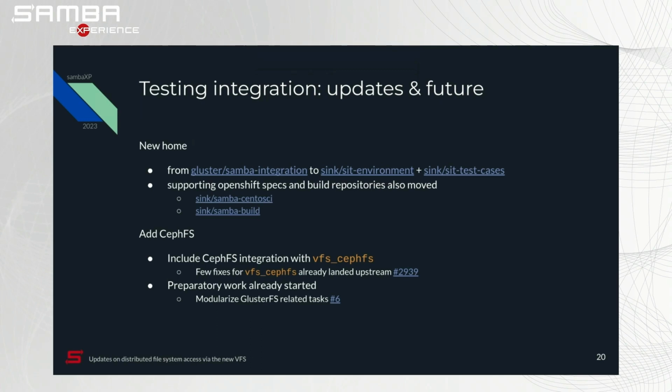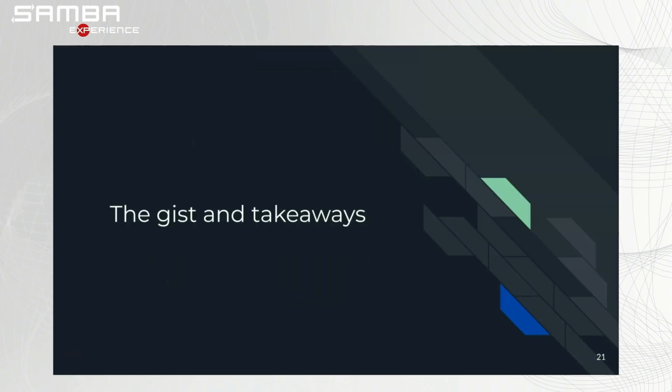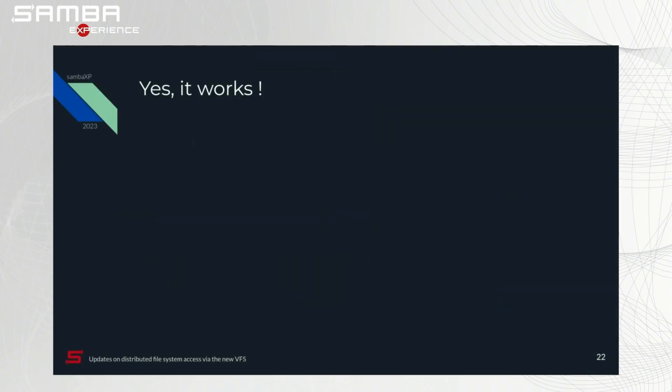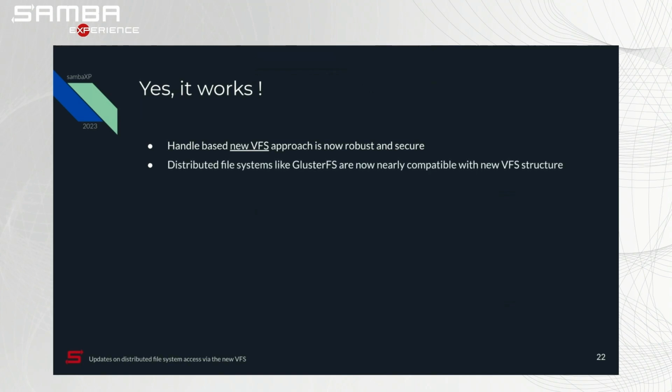So let's get a gist, or summarize, and look at the takeaways from what we have discussed all this while. All these new VFS changes and the current VFS GlusterFS, everything works. The handle based new VFS approach is now robust and secure. Distributed file systems, since we have discussed GlusterFS, are now nearly compatible with the new VFS structure.